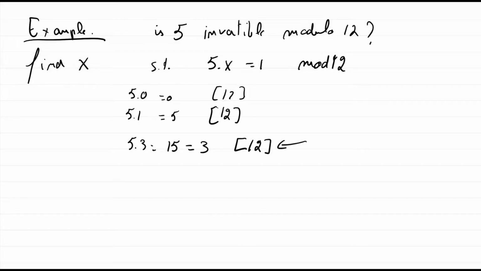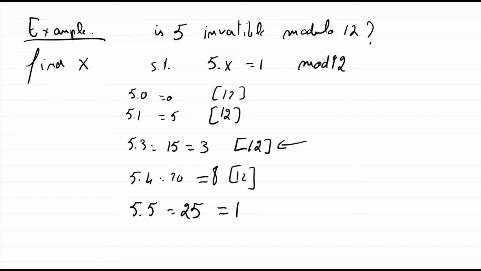Modulo 12 I can write as well this way, with brackets. Okay, 5 times 4 is 20, and 20 falls in the class of 8 modulo 12. 20 divided by 12 gives remainder 8. 5 times 5, this is 25, and this is the same thing as 1 modulo 12. So the answer is yes. 5 is the inverse of itself.